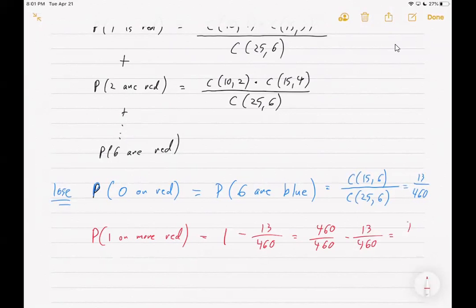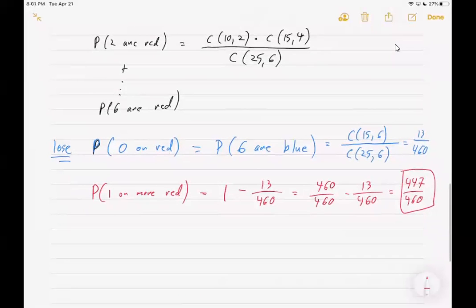So that would be 447 out of 460. It could reduce. When we're talking about probabilities, we probably want to think of it in terms of a percentage. So we could make it a decimal first, 0.97 roughly. So it's about 97% likely that we'll get at least 1 red out of that batch.